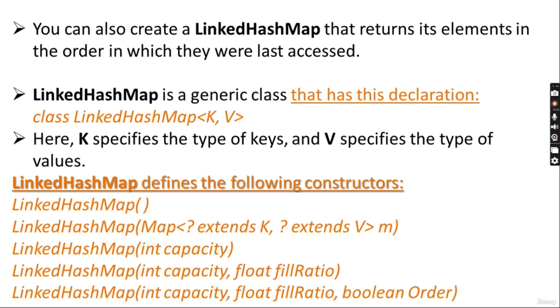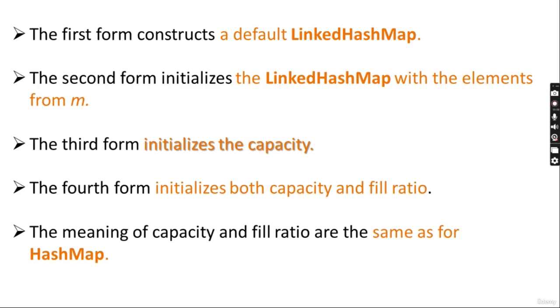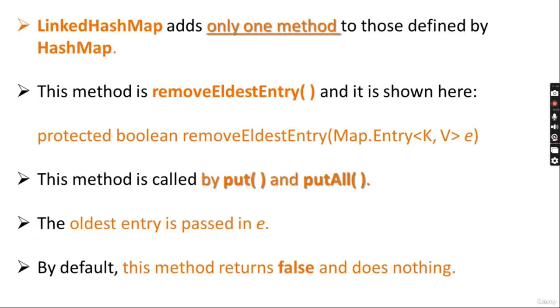LinkedHashMap defines the following constructors: LinkedHashMap(), LinkedHashMap(Map m), LinkedHashMap(int capacity), LinkedHashMap(int capacity, float fillRatio), LinkedHashMap(int capacity, float fillRatio, boolean order). The first is the default constructor, the second initializes with elements of a map, the third initializes the capacity, the fourth initializes with capacity and fill ratio, and the meaning of capacity is the same as for HashMap.